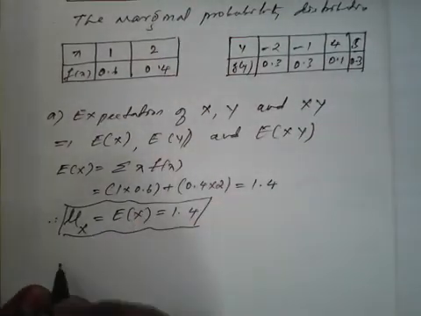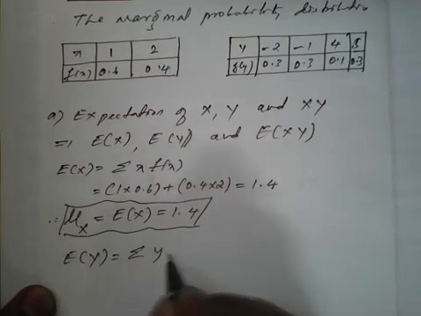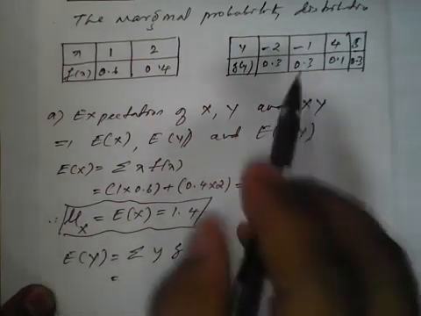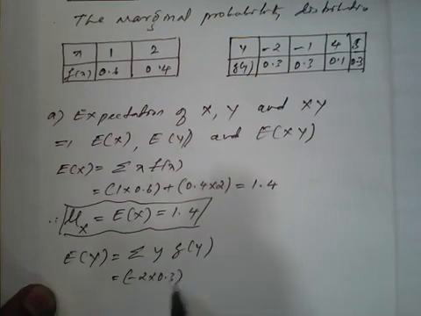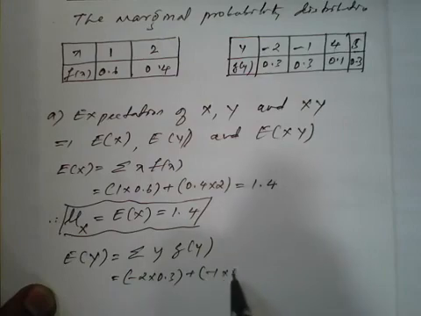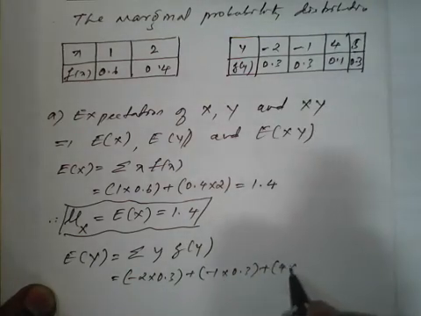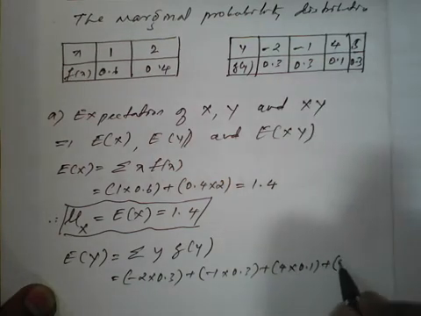Next we'll go for the expectation of y, which is the summation of y into g of y: -2 into 0.3, plus -1 into 0.3, plus 4 into 0.1, plus 5 into 0.3.